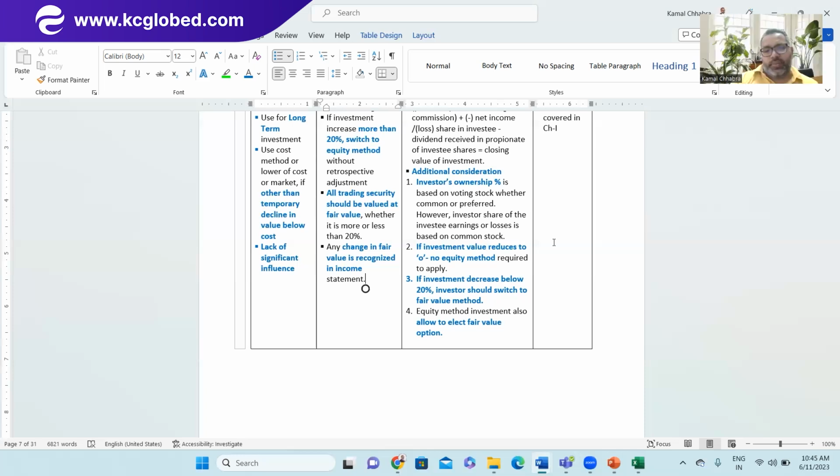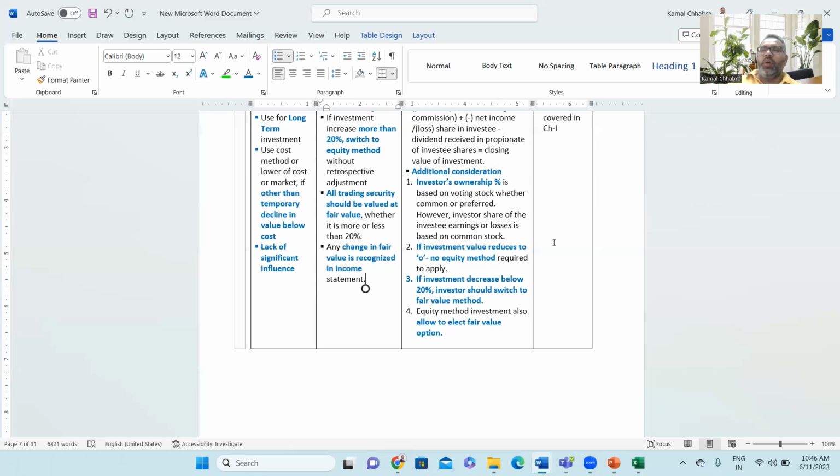Third is if the investment decreases below 20%, investors should switch to the fair value method. For example, on 1st January 2022, company A has an investment of 25% in company B. On, let's say, 30th April 2022, company A sells 10% equity of company B. That means now you have only 15% equity, right?